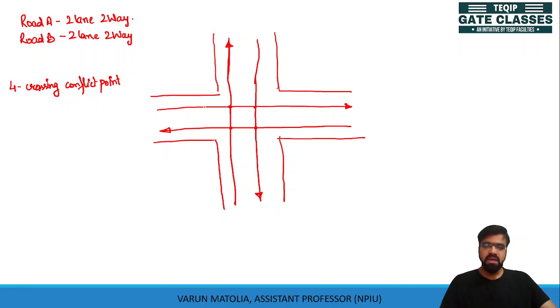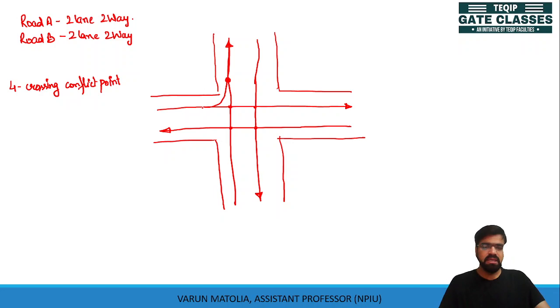The traffic will try to move and merge here. So this is one conflict point here. We will take merging and diverging points the same, so that we may keep the critical conflict points as critical points.